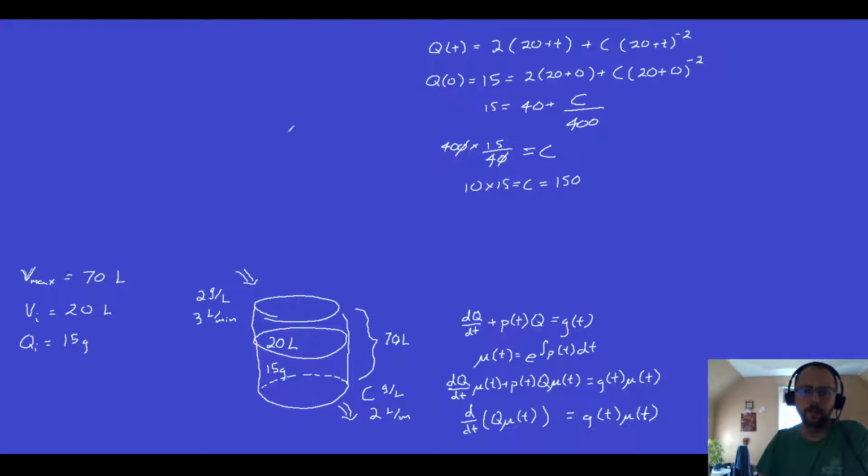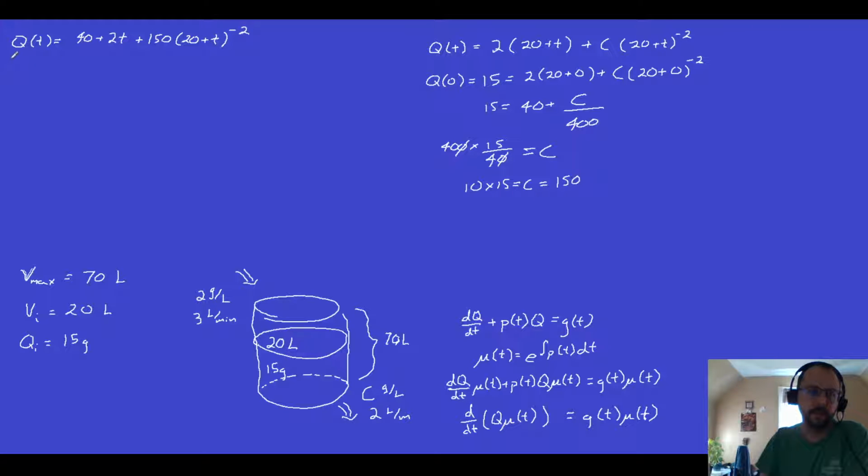All right. So back to our equation, we have Q of t equals, let's distribute that too. So we have 40 plus 2t plus 150 times 20 plus t raised to the negative 2.